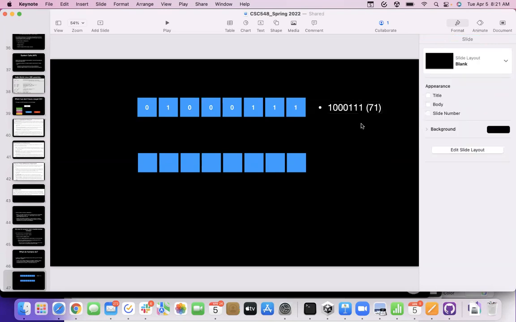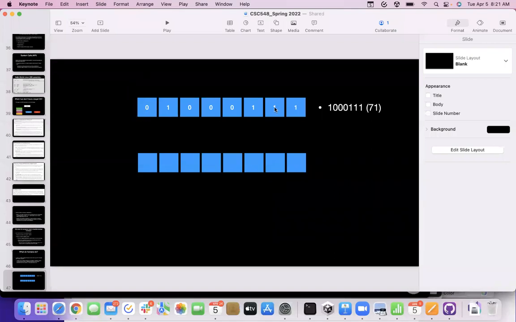So that's the number 71 that I have encoded into binary, and I'm using those 8 bits to store the number 71. And notice that before my 64th power here, I have a 0 there. So I've padded it out on the left. That does not change the value of it.